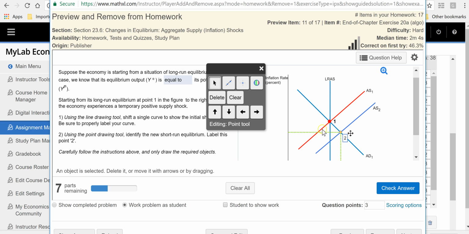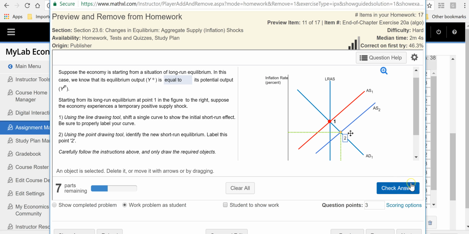That's the same because the AS subscript 1 crosses the demand curve at the same point as the long-run supply curve crosses the demand curve. So this is the new short-run equilibrium point.